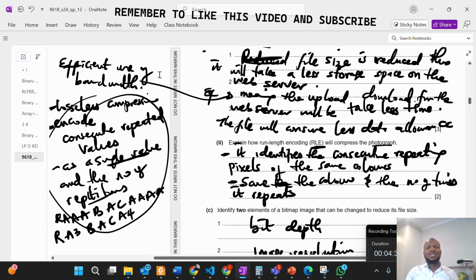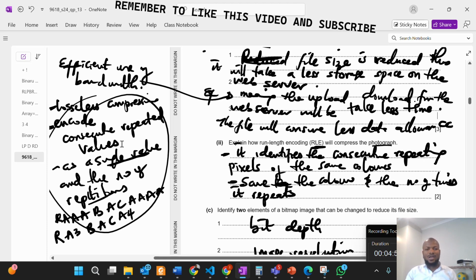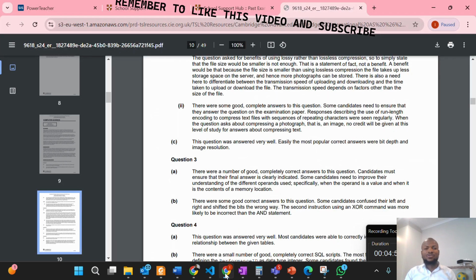All this is just a general definition. But you are asked to answer it with reference to a photograph. So if you write this solution, you will not get your mark. Even though the definition is right, you did not answer the question. So you must be careful when answering that.